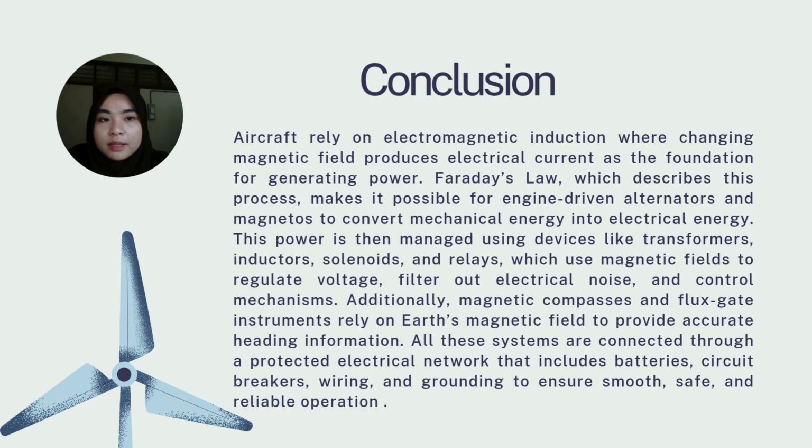Additionally, the magnetic compasses and flux gauge instruments are used to provide accurate heading information. So basically, to ensure the smooth, safe, and reliable operation of flights, all these systems have to work together properly.